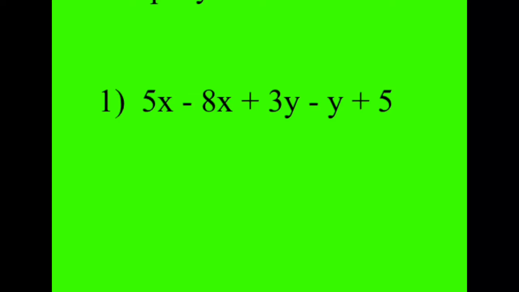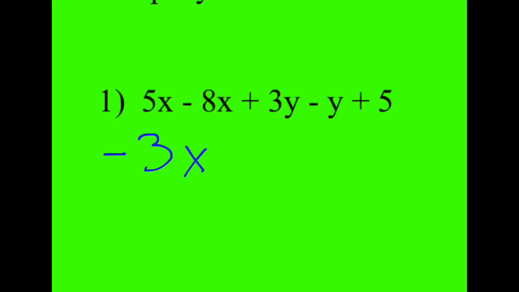All right, so in this question I have positive 5x, negative 8x. I don't have any other x values, so I'm going to combine those. It's a positive 5x, negative 8x, so I subtract them. I have more negatives, so it's going to be negative 3x.